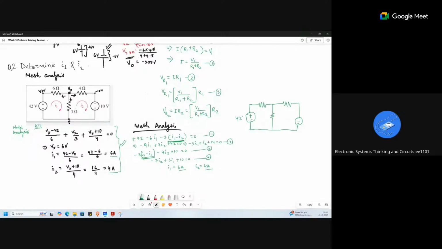This is 42 volt. This is 6 ohm. This is 4 ohm. This is 10 volt. And this is 3 ohm. The currents are given. This is I1. This is I2.